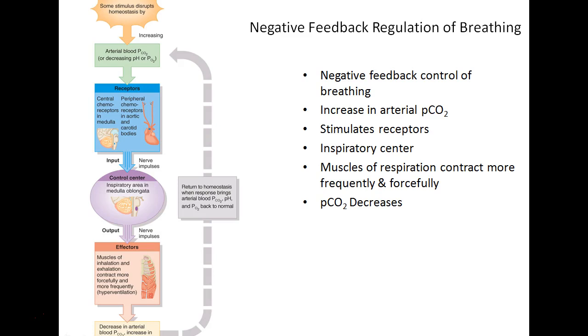We're talking about muscles like diaphragm and external intercostals, and that's going to cause a decrease in arterial partial pressure of carbon dioxide, but that's going to cause an increase in pH and also cause an increase in the partial pressure of oxygen. So again, the human body is always trying to find this homeostatic balance day in, day out.